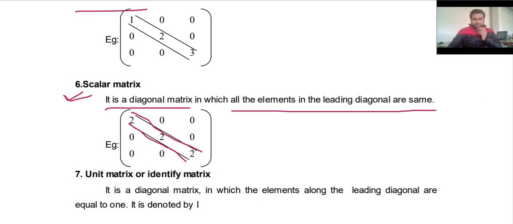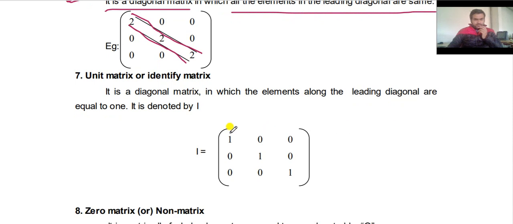Okay. Next is the unit matrix or identity matrix. The unit matrix or identity matrix is denoted by the letter I. A unit matrix is a kind of diagonal matrix in which the elements along the leading diagonal are equal to 1.